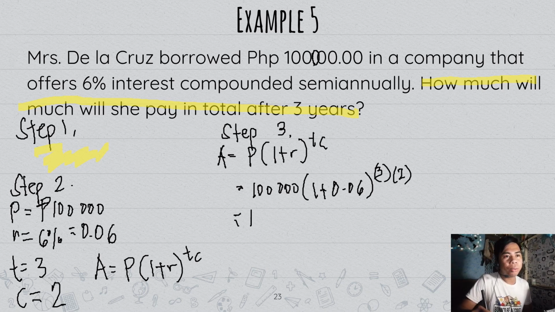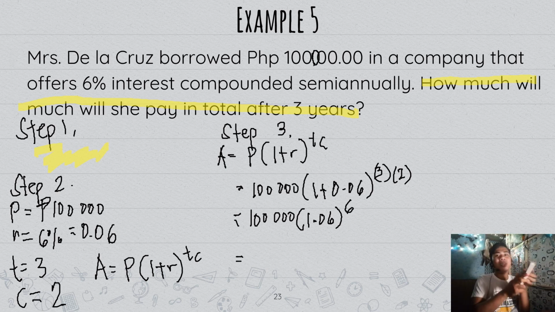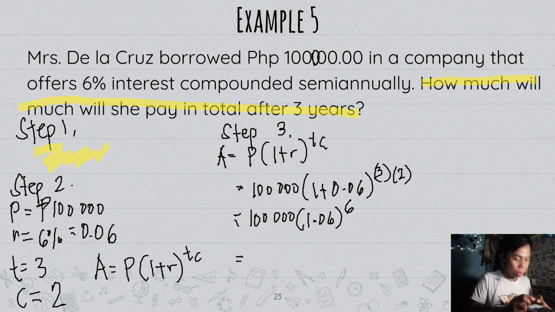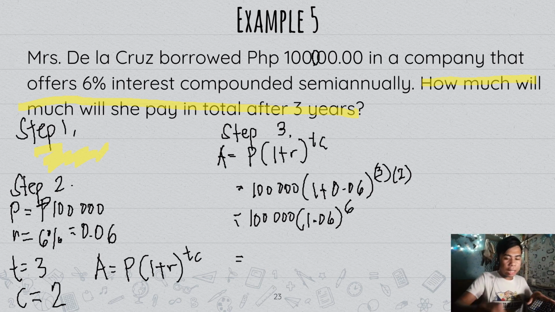So we have here 100,000 times 1.06 raised to 6, right? Now, with the use of your scientific calculator, just simply type those values. So 1.06 raised to 6 times 100,000.